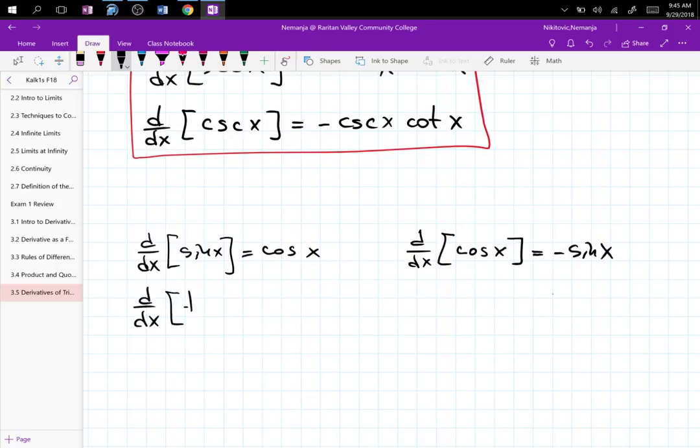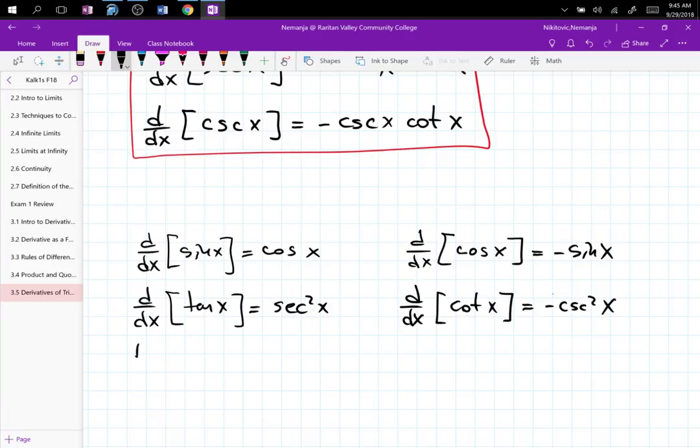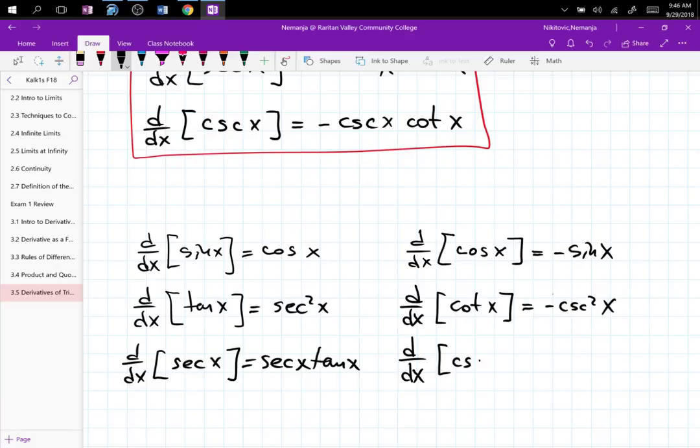The derivative of tangent x is secant squared x. The derivative of cotangent x is negative cosecant squared x. The derivative of secant x is secant x tangent x. And finally, the derivative of cosecant x is negative cosecant x cotangent x.